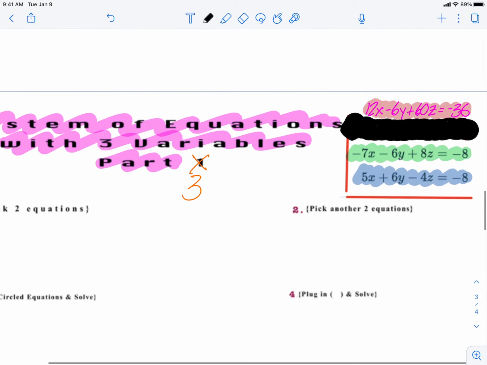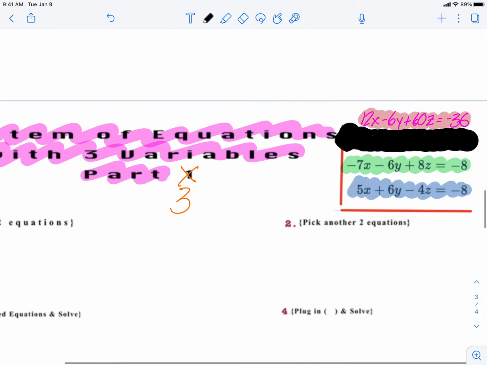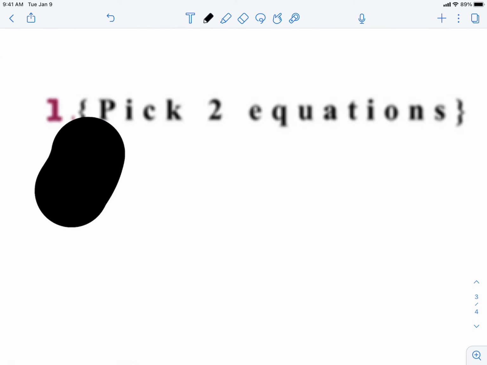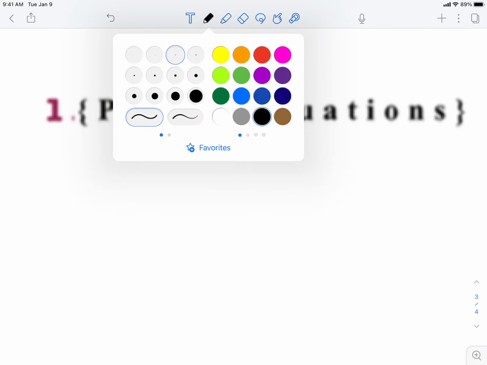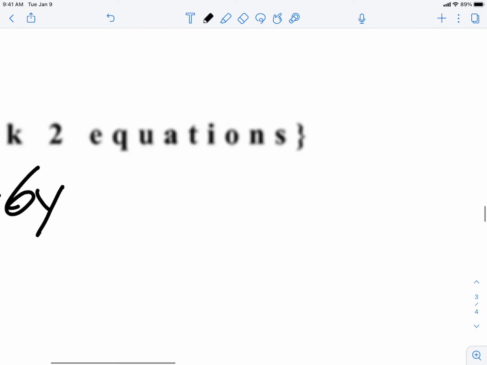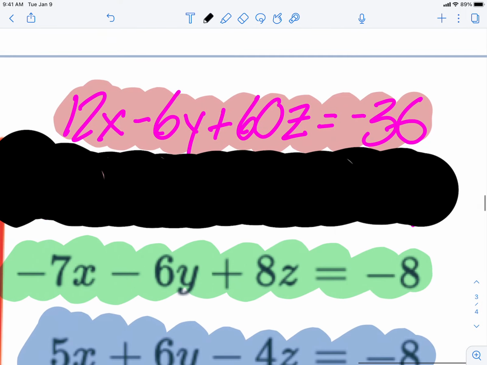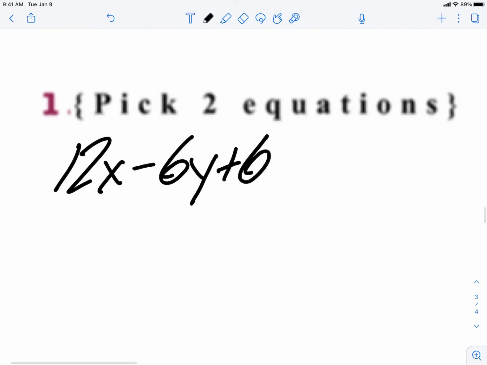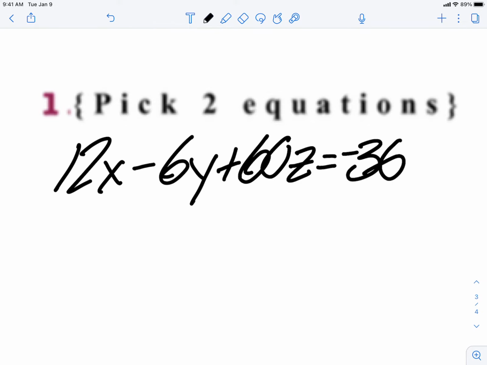So I'm going to say 12x minus 6y plus 60z equals negative 36.